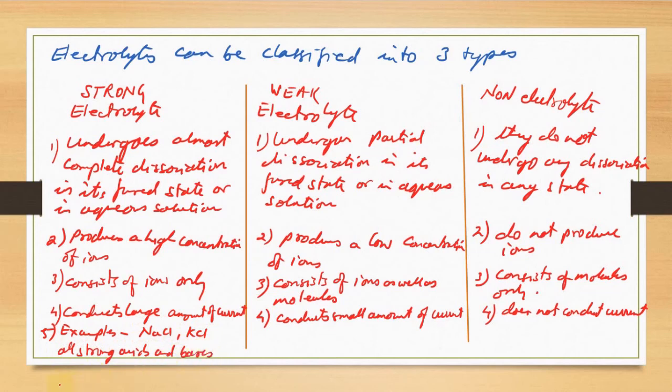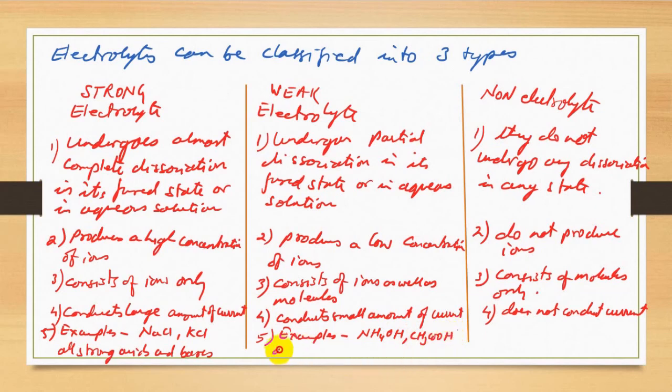All strong acids are strong electrolytes, and all strong bases are also strong electrolytes. Then for the next one, example: NH4OH, ammonium hydroxide, CH3COOH, acetic acid.